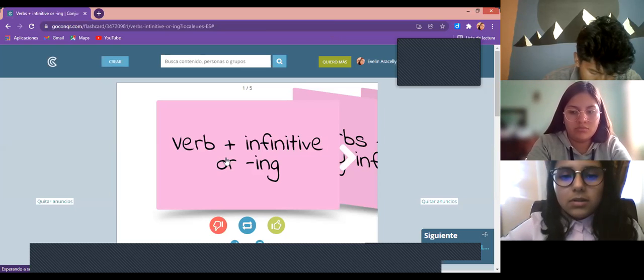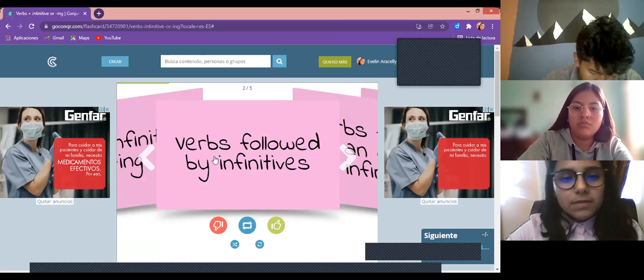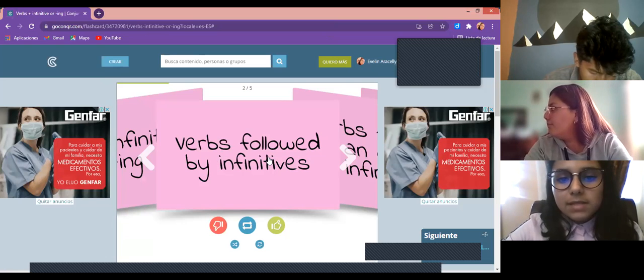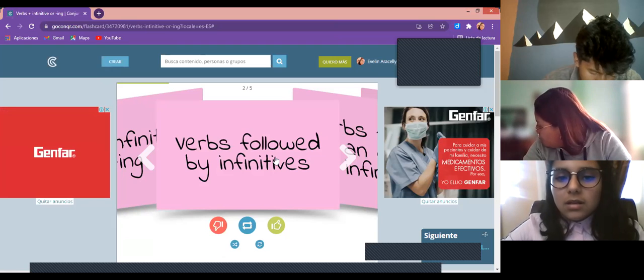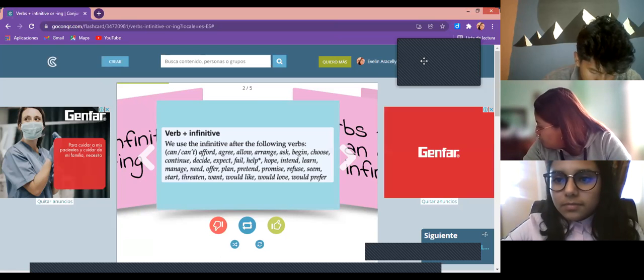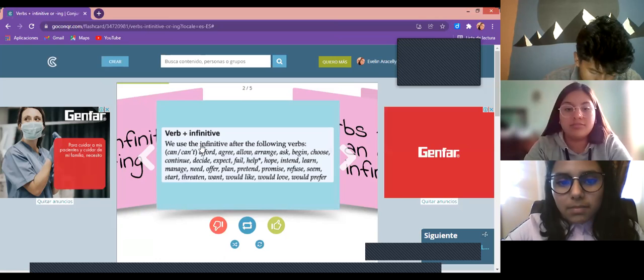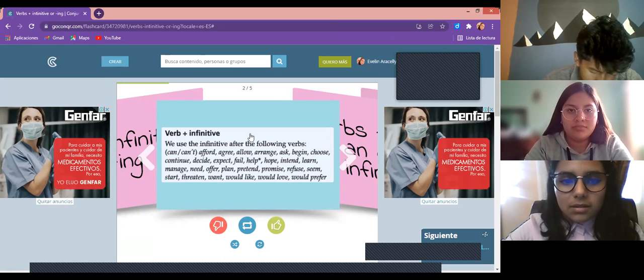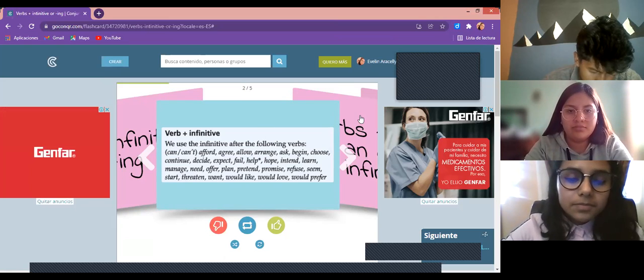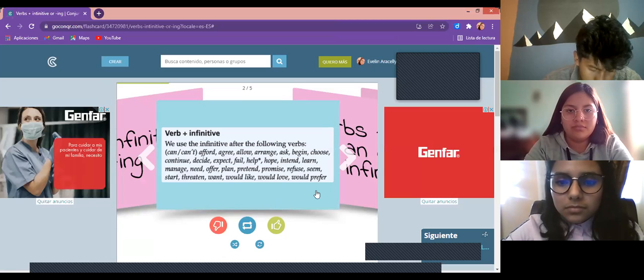Okay, so here we have the first flashcard about verbs followed by infinitives. So let's see. Vanessa, could you help me reading this information, please? Yes, of course. Verb plus infinitive.